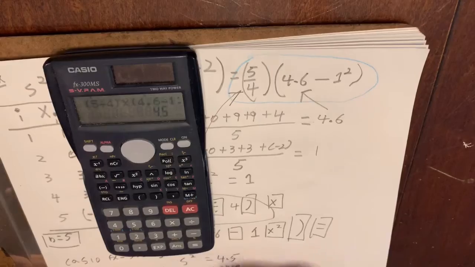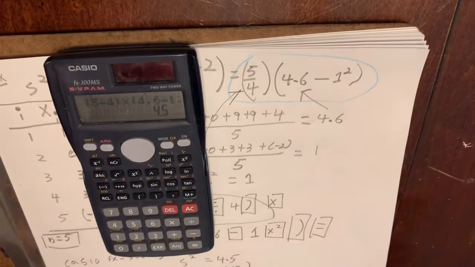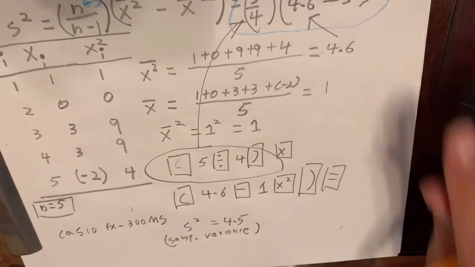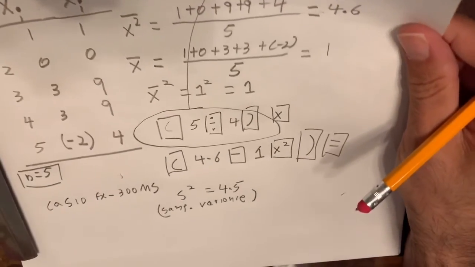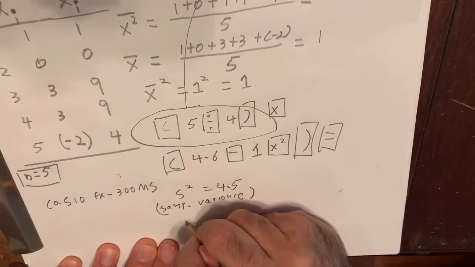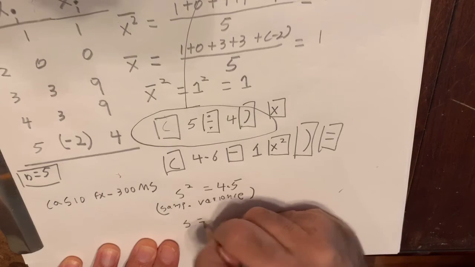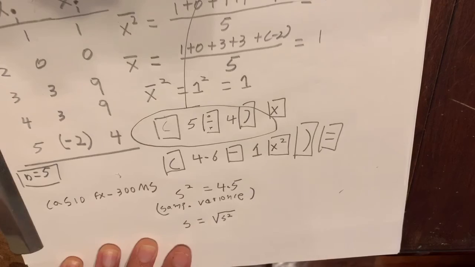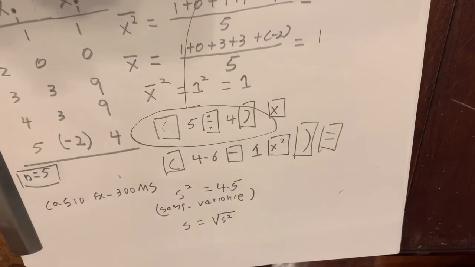But we're not done yet because the problem didn't ask for the sample variance. The problem asked for the sample standard deviation. That's what the problem asked for, not the sample variance. So to get the sample standard deviation, we actually take the square root of s squared. But on the Casio, this is so simple.